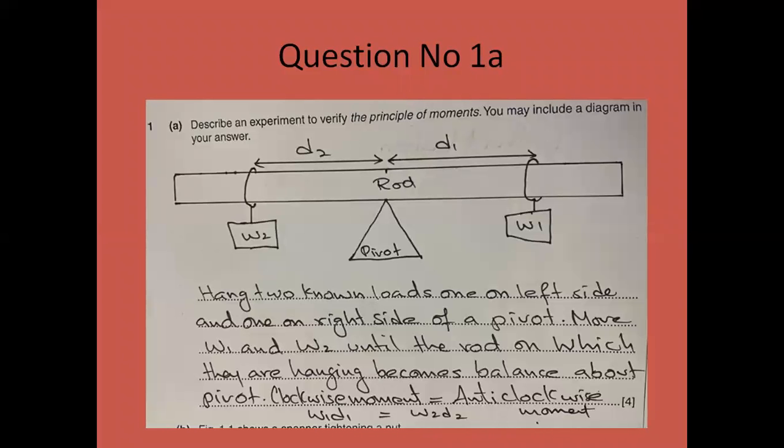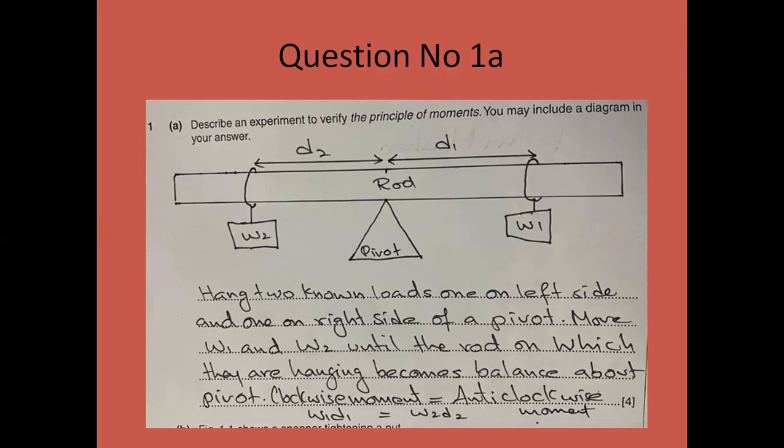The method is very simple. Try to understand that. What we do, we take a rod of uniform thickness, and we put a pivot under its center of gravity, which is the center point of this rod.